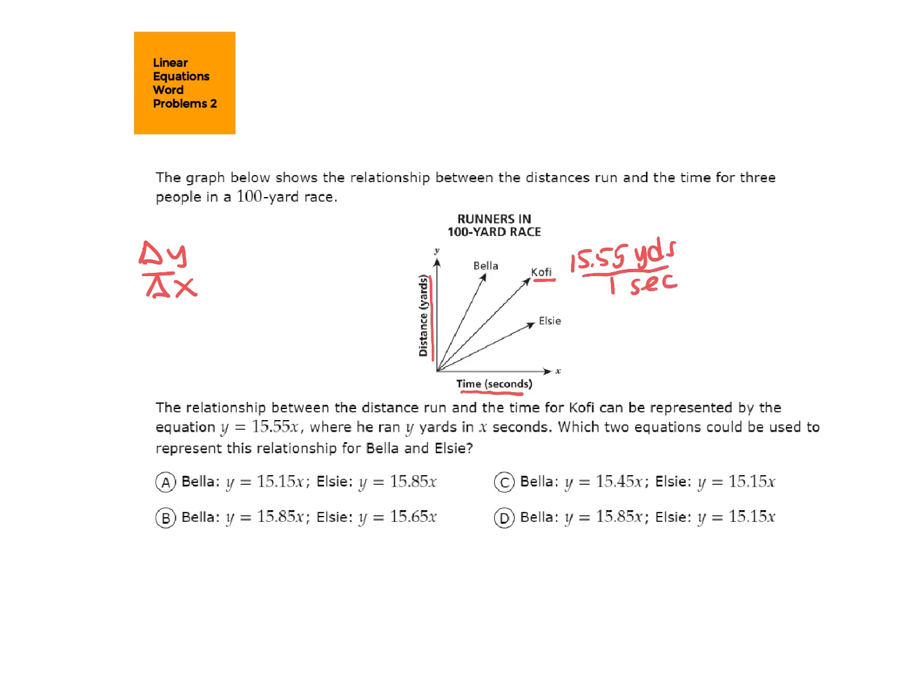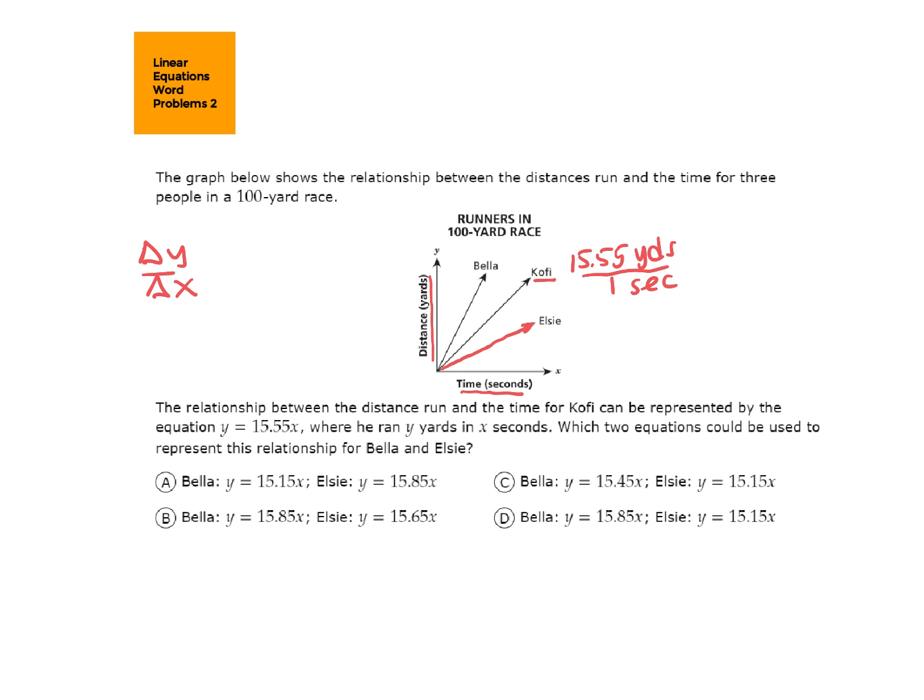Okay, so Elsie is faster or slower than her, you want to check. And I'm going to say her slope is not quite as steep, so she is a little bit slower than her. So if we're looking at slower, we'd be looking at a smaller number. And we want to check Bella. Bella is a little bit faster than Kofi.